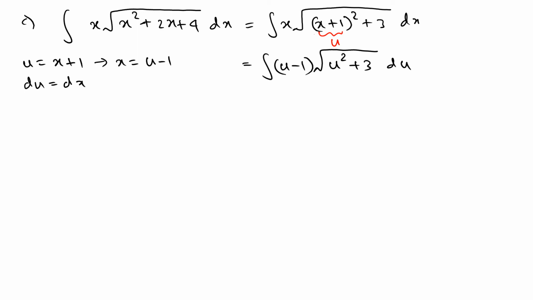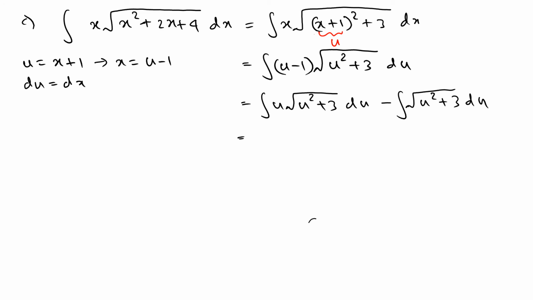Now we can split this into two integrals. You can write the first one as the integral of u times the square root of u squared plus 3 du, and then minus the other one, the integral of the square root of u squared plus 3 du. The first one is easy. You can just use the 4 formula trick, because you can see the derivative of the inside function is just 2u.